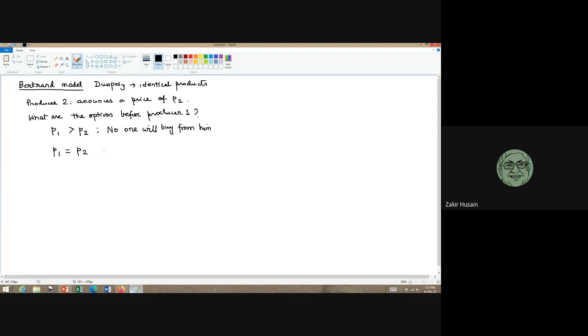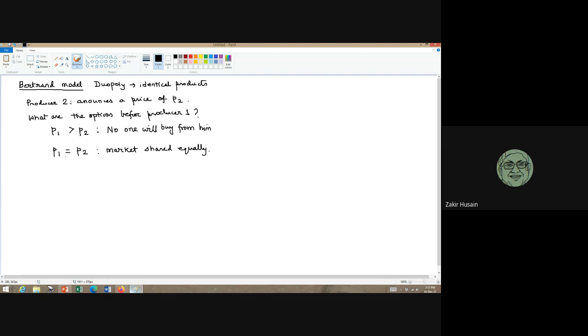He can set P1 equal to P2. That is an indifference situation; both will be equally acceptable to the masses. So in that case, the market will be shared equally. Let us suppose that at this particular price the market demand is 100.